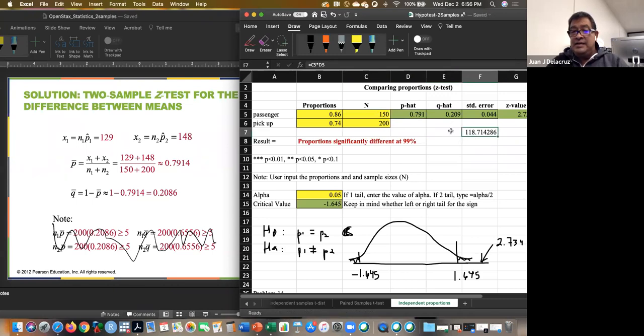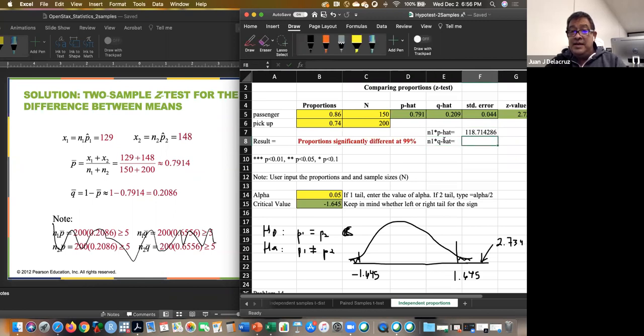So then this is n1 times p-bar, right? Or p-hat in this case. So this is going to be the value. And this is going to be n1 times q-hat, right?